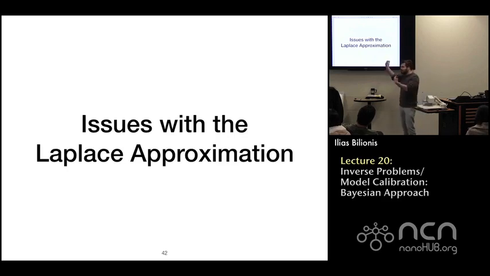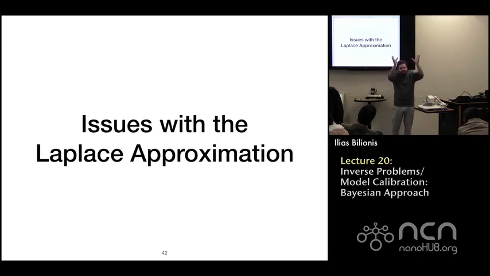The Laplace approximation is an approximation to the fully Bayesian solution of inverse problems. Therefore, it has problems. And whatever is an approximation to the Bayesian inverse problems will have problems. See what I mean? The Bayesian formulation of inverse problems is the right thing to do. It is like a dogma, okay, if you like. It is just right, okay? You just have to accept it.